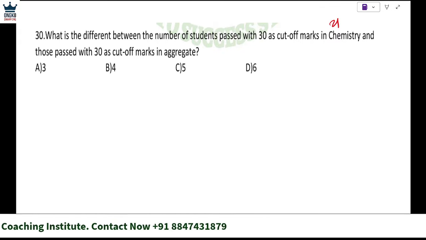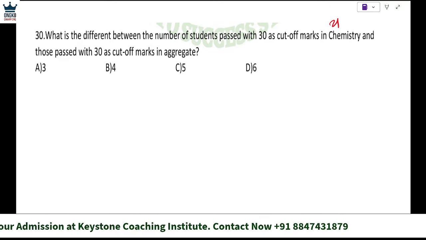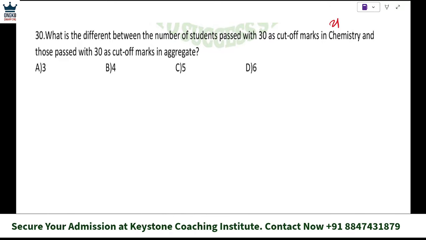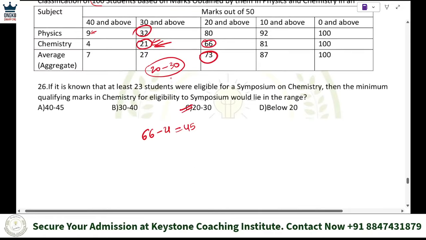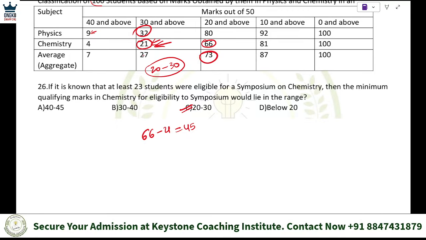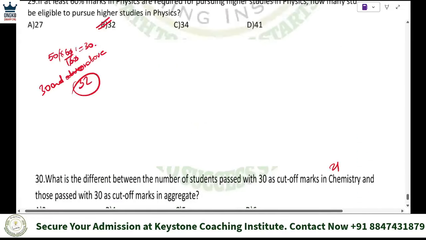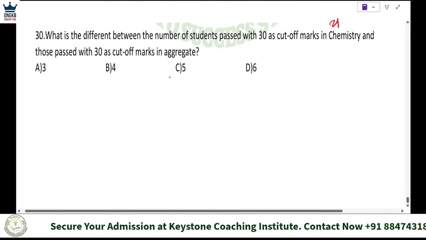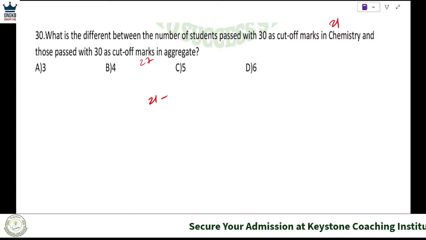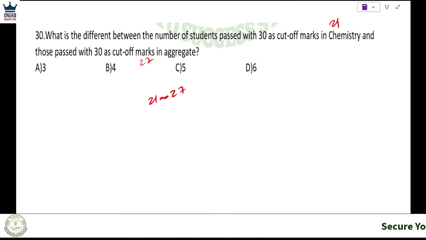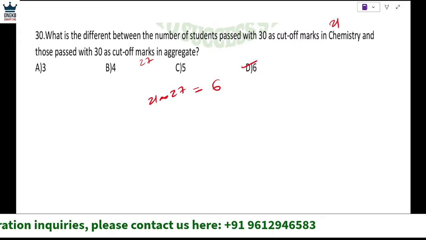And those who pass with 30 as cutoff marks in aggregate, we have 27. So the difference is 27 minus 21, which is 6. The answer is 6.